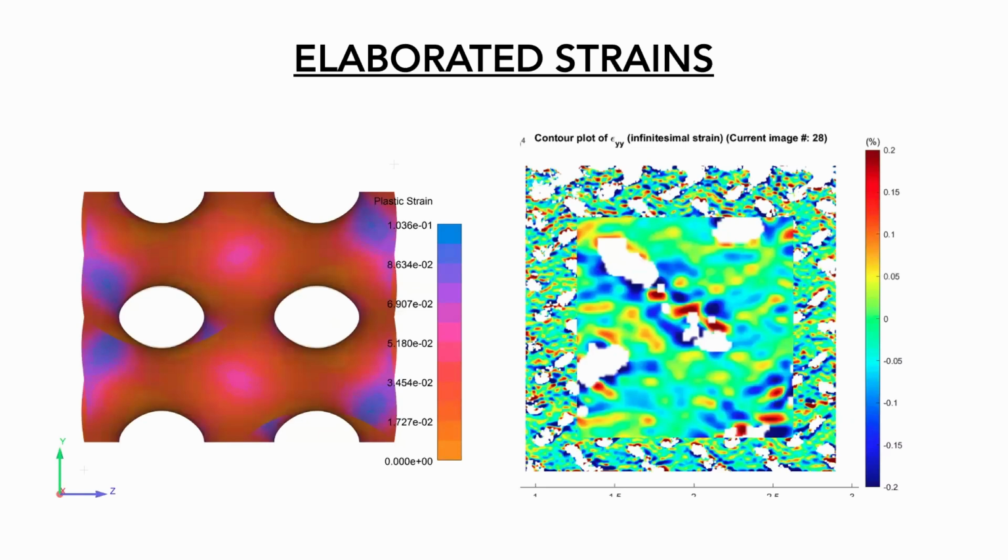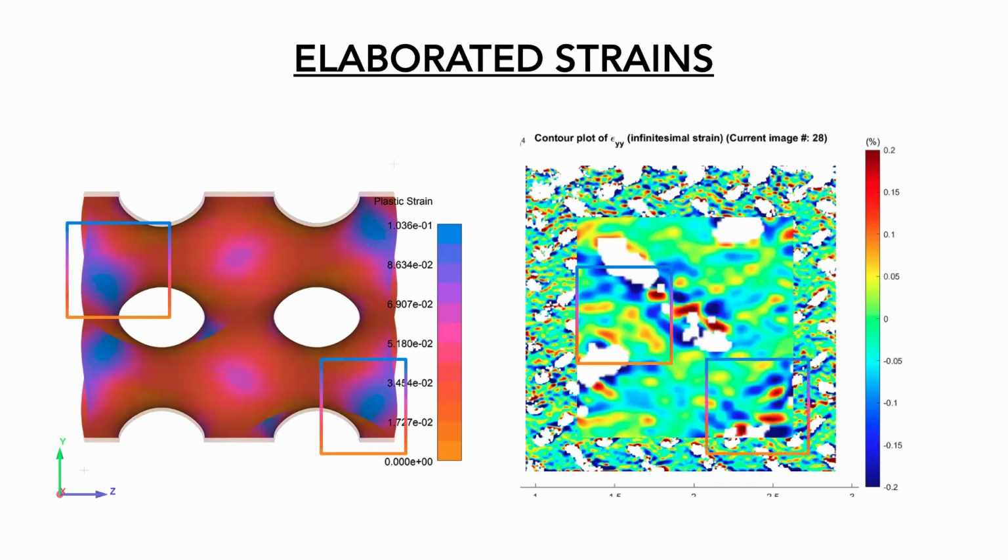So this is the strain. As you can see, it's very noisy for that reason, but if the animation works, we can at most recognize some of the areas where the strain is maximum due to the fact that the strain is localized.